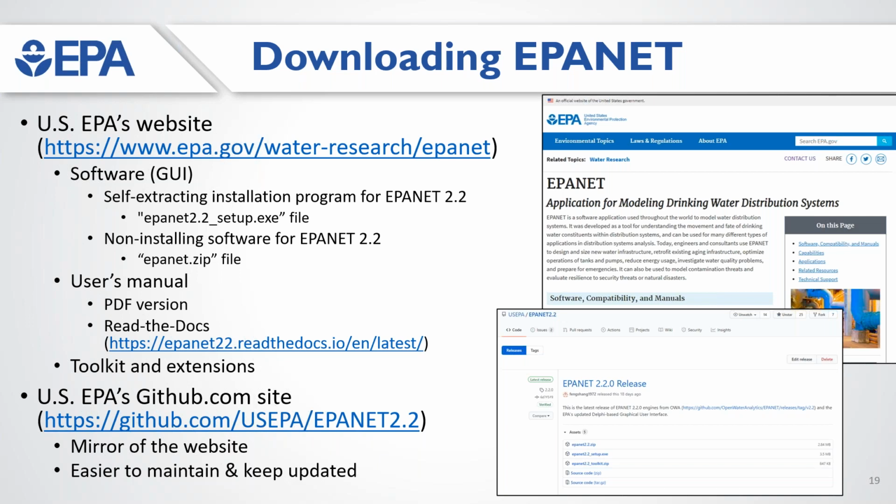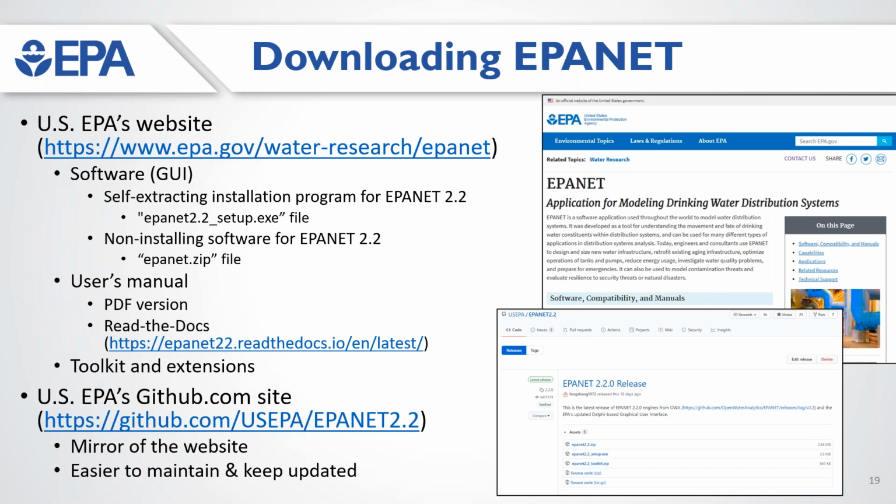On the website itself, there is information about the software and the GUI itself, and there are two different versions of that GUI. There is a self-extracting installation program, using an exe file. This is a version that requires administrative privileges to install. There is also a non-installing version of EPANET, which uses a zip file.